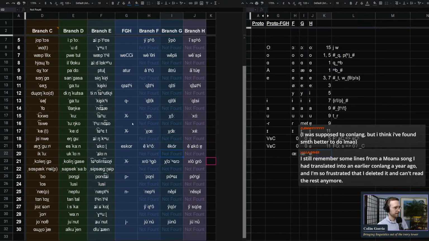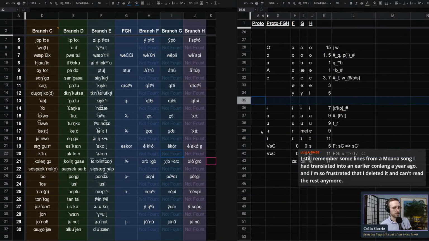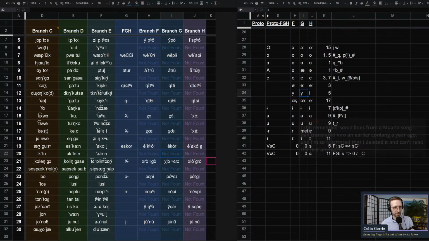So this is based on 17. Oops, sorry. So we have these correspondence sets like 5 and 17, where we have unrounded vowels in H and rounded vowels in F and G.